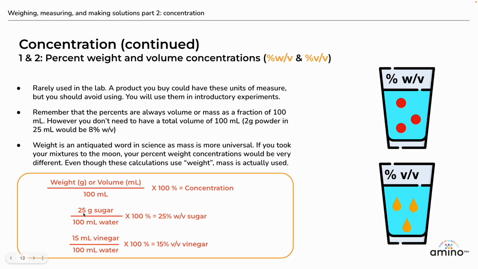So for example, 25 grams of sugar over 100 mils of water, that's 0.25, times 100% gives us 25% weight per volume of sugar. 15 milliliters of vinegar over 100 mils of water, so that's going to be 0.15 times 100% gives us 15% volume per volume of vinegar.